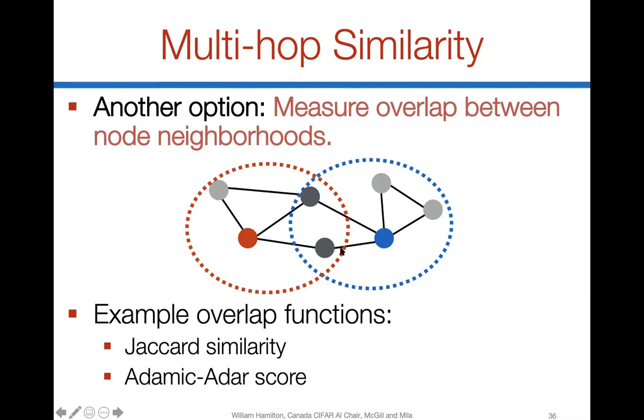So let's take the intersection here, two nodes in this intersection, and divide that by the size of the union of their neighborhoods, which contains 1, 2, 3, 4, 5, 6, 7 nodes. And this is the basis for overlap functions that are called the Jaccard similarity, also what's called the Adamic-Adar score. And there's many variations of how we can quantify the overlap between two nodes' neighborhoods.